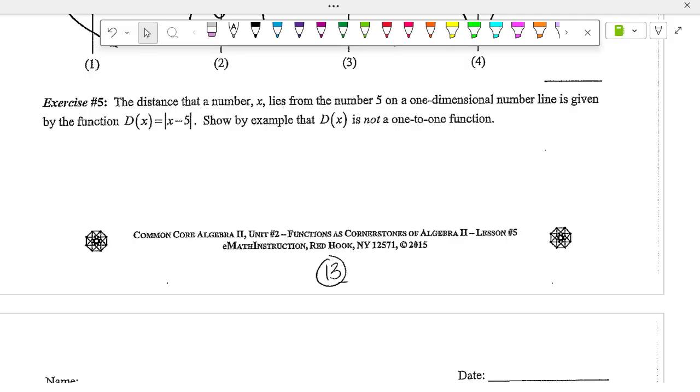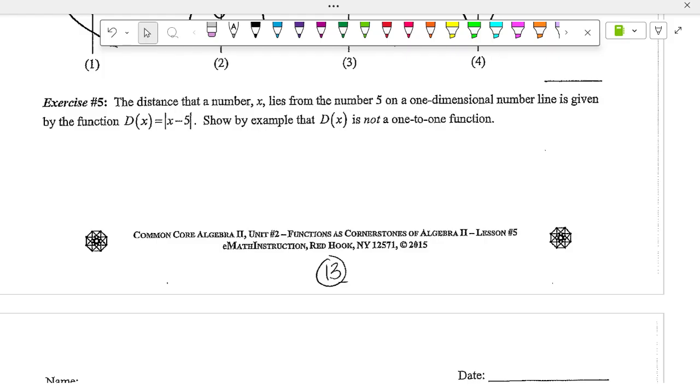Positive 5. All absolute value does is that anything within its brackets, it changes to positive. So 5 is still 5, and negative 5 changes to positive. Positive will always be positive with absolute value, and negative will turn positive.